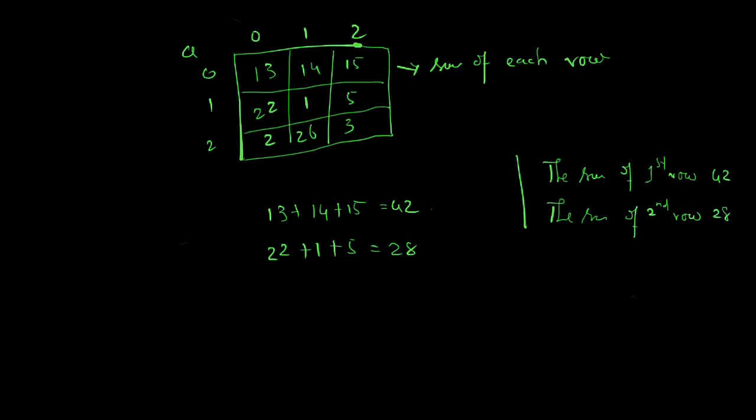Now after printing 28, it will go and find the sum of the third row, that is 28 plus 3, which gives 31. So the sum of third row is 31. So this is how my output has to be.